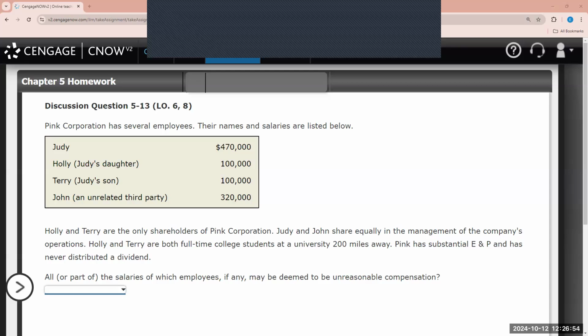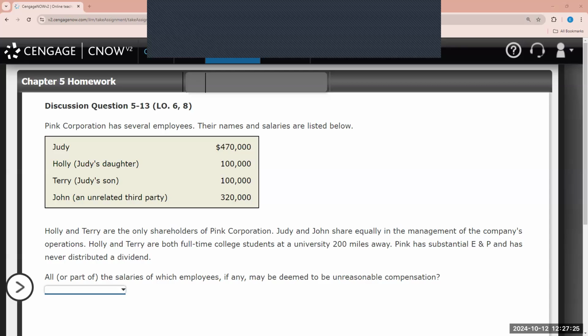What's the size and the complexity of the business? They also compare the salaries paid with both the gross and net income. What's the taxpayer's salary policy towards all employees? And whether a reasonable shareholder would have agreed to that type of compensation paid. These are some things that are important to determine whether or not it should be deemed reasonable compensation, or if it's unreasonable compensation, it's treated as a constructive dividend.